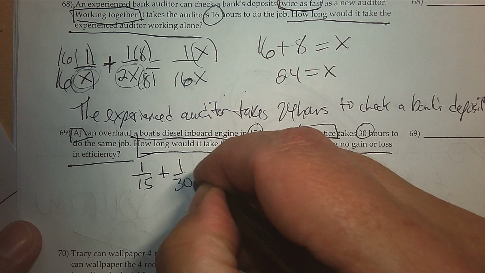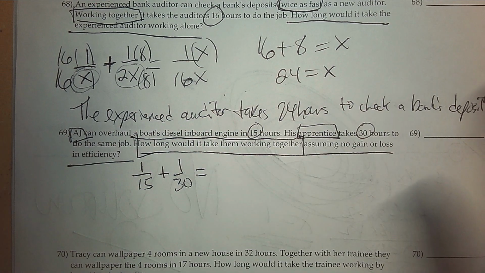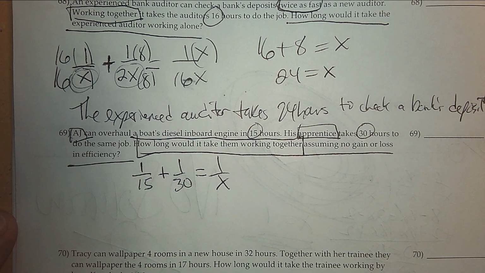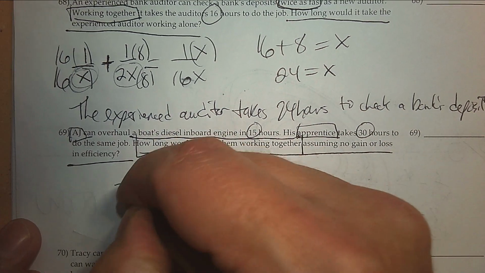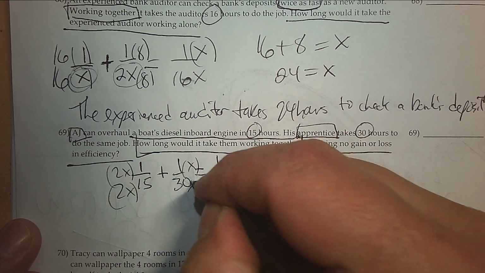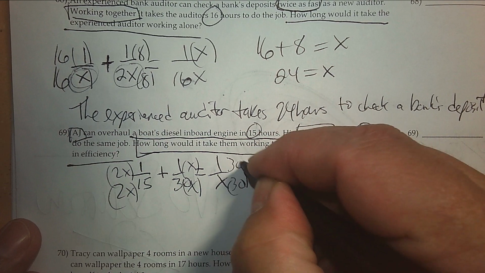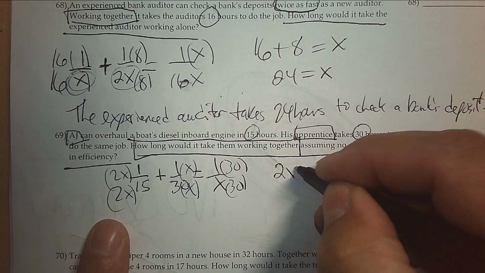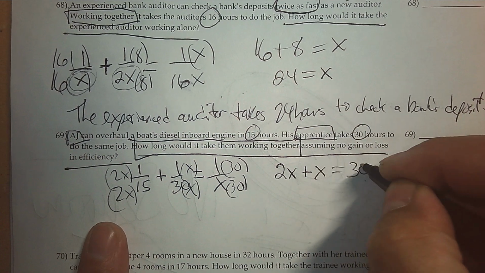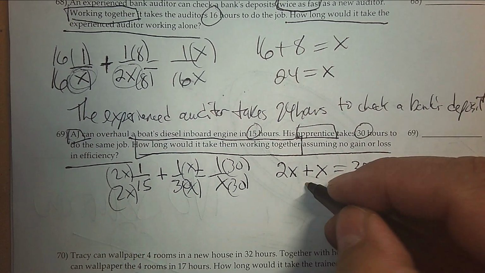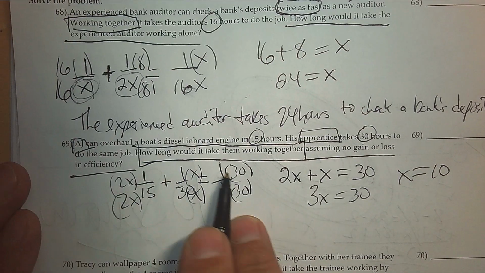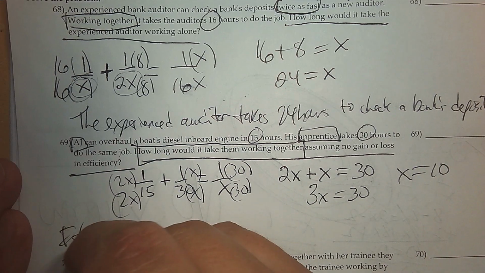So you take how long it takes to do the job and you do the reciprocal for the rate, and then my unknown is together. To make common denominators, we need 2x, just x, and 30. So that leaves me with 2x times 1, 1 times x, equals 30. Now it starts to get easier. And then once you have your answer, how long would it take them working together? It would take 10 hours.